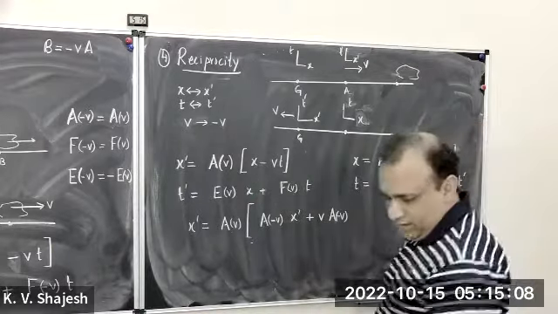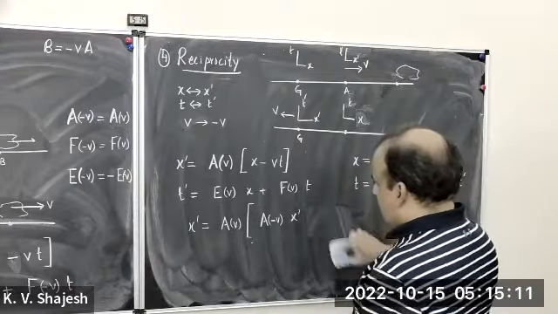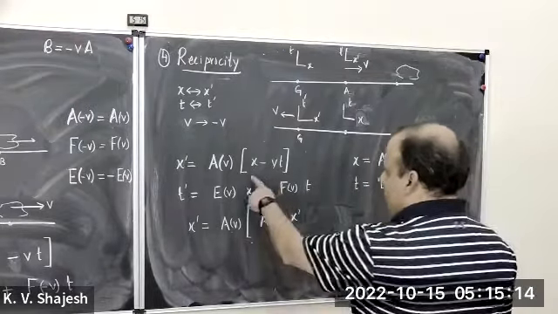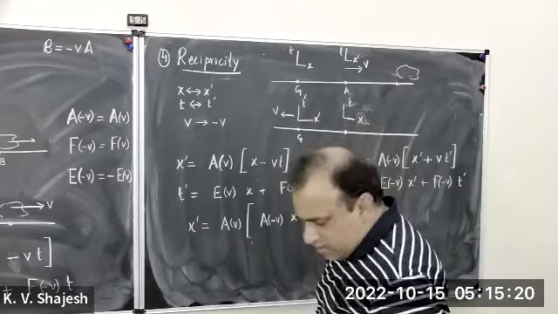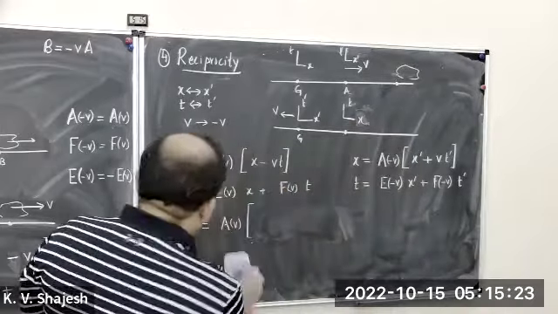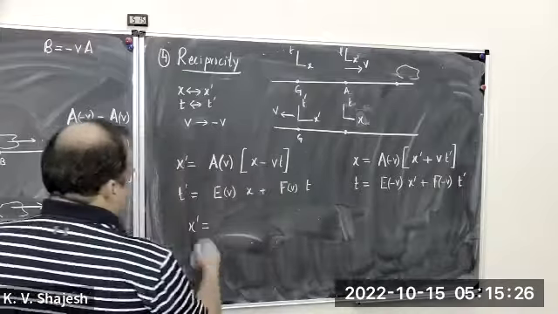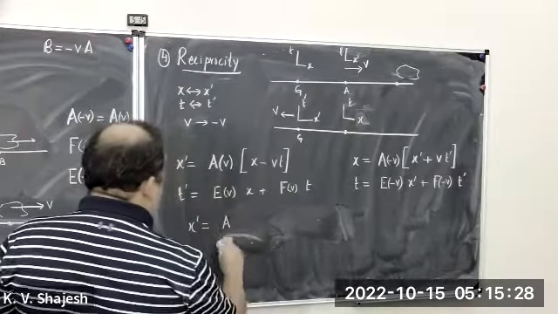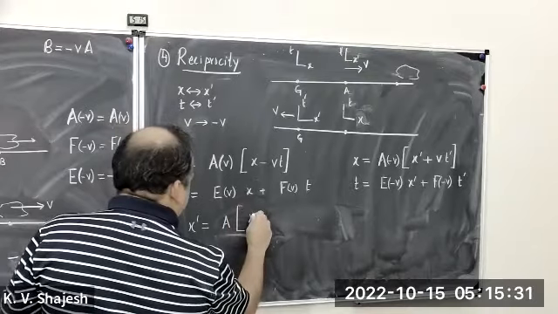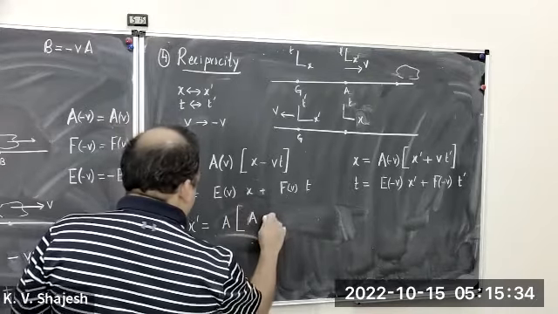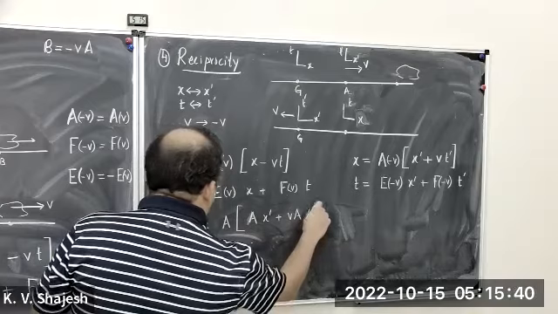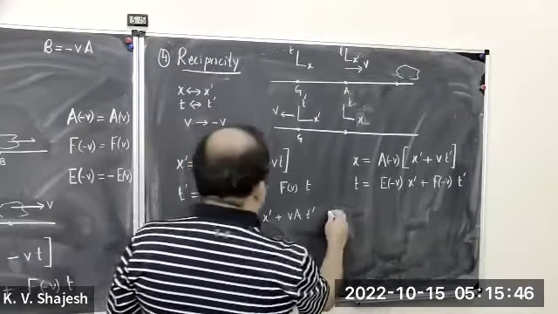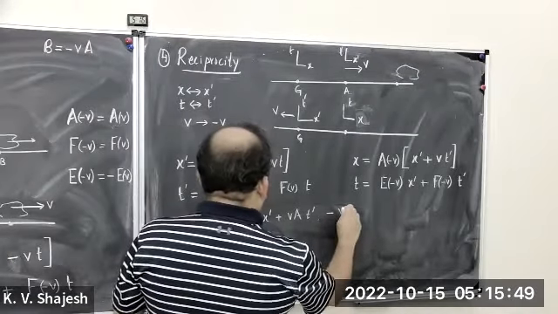So t, oh sorry, that's not what it is. Help me here. What am I doing? I'm putting this as a times x prime plus v. Okay, let me make this better. I'm not going to write the dependence on v in a because that's even, so we don't have to worry about that. So x is equal to a times x prime plus v times a times t prime, and next minus v times a, right?